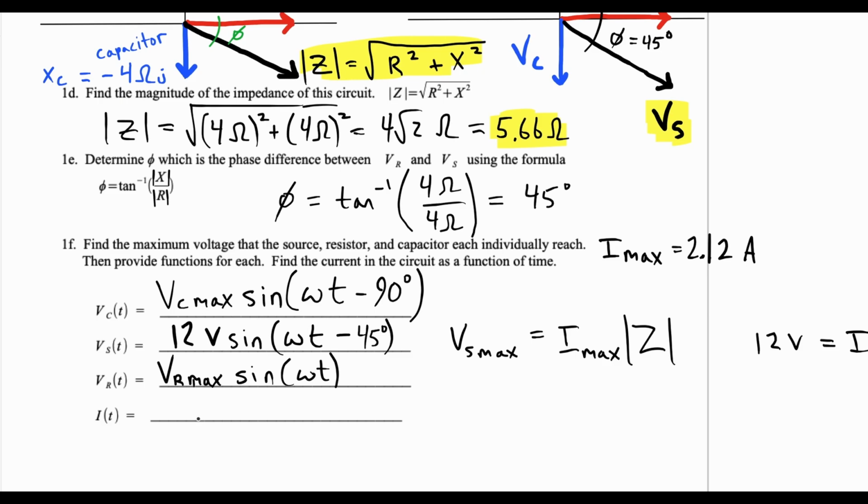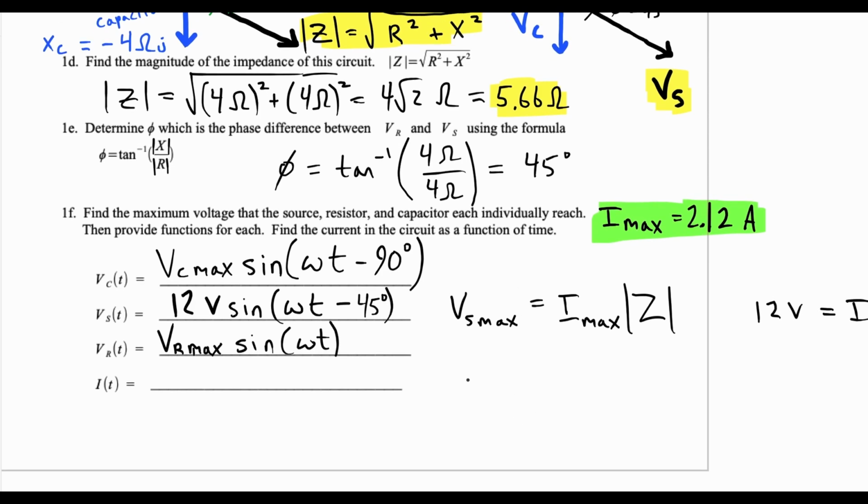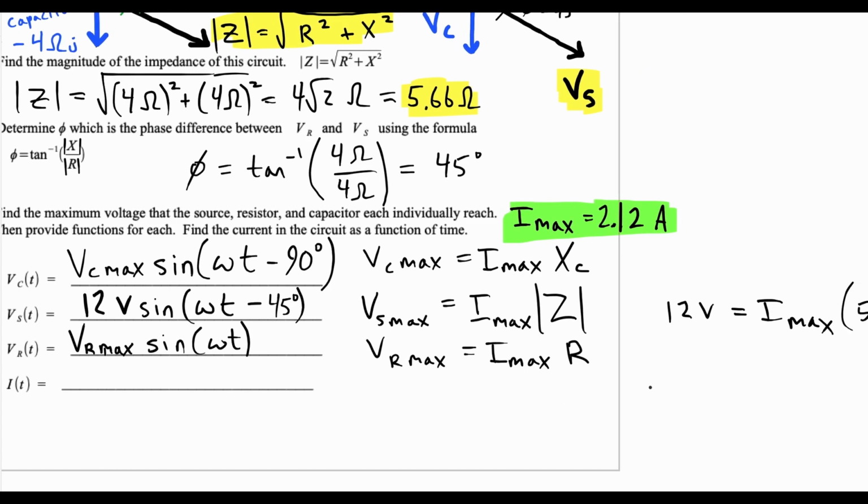Now let's find Vc max and Vr max. We actually would use the current of the overall circuit as part of our calculation in finding those. We just have to write that Vc max will be I max times Xc. It's based on the reactance of the capacitor. And Vr max, of course, is going to be based on the resistance. So let's plug in here.